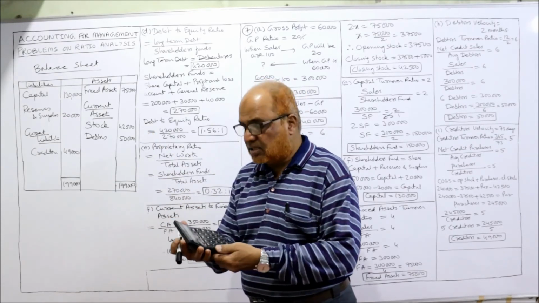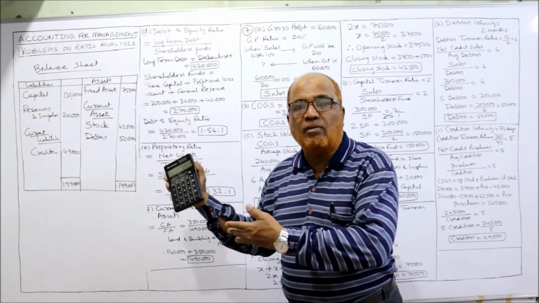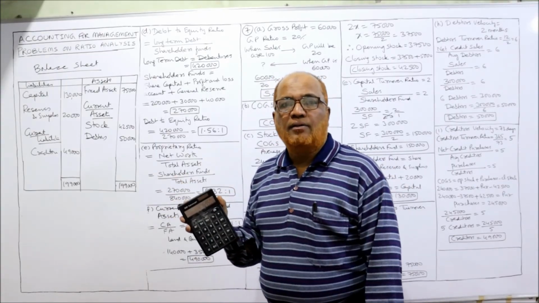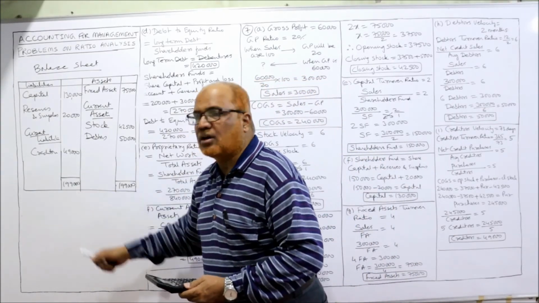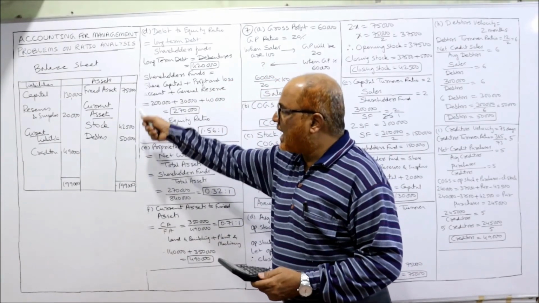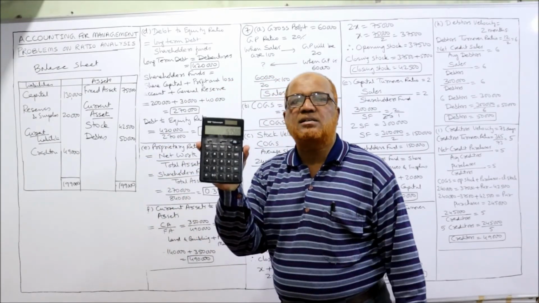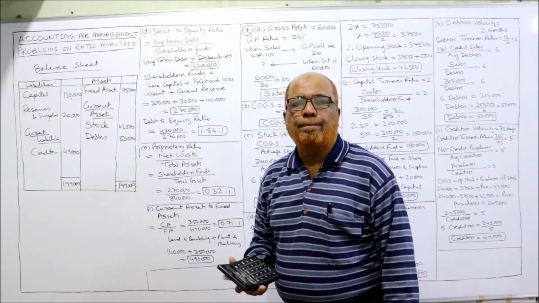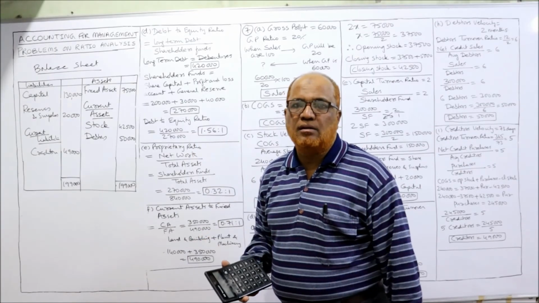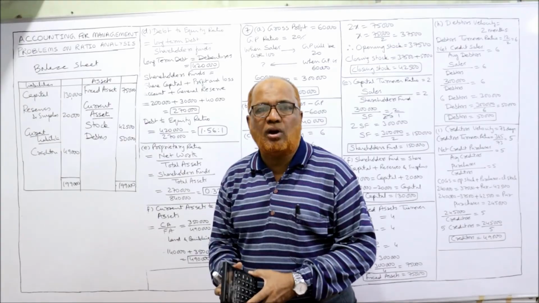It comes to 1,67,500. That means our balance sheet is not tallying. We are getting 1,99,000 on liability side, whereas asset side we are getting only 1,67,500. That means some missing figure is there. The complete information is not given.